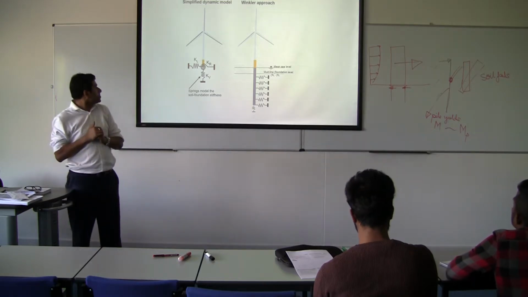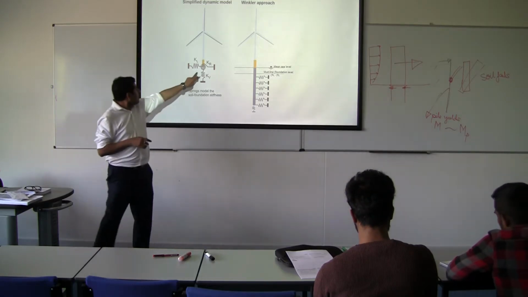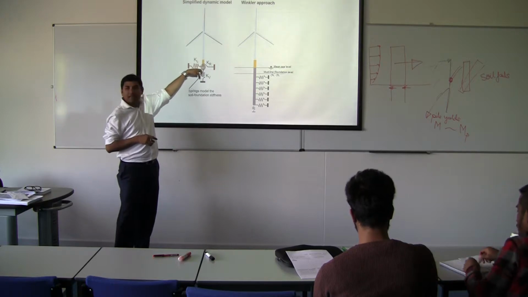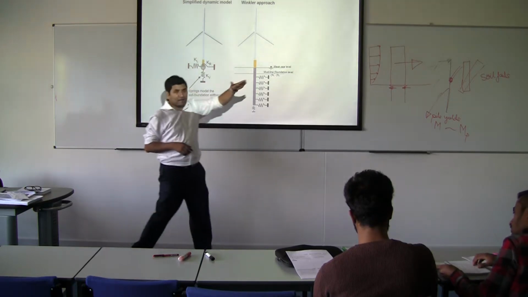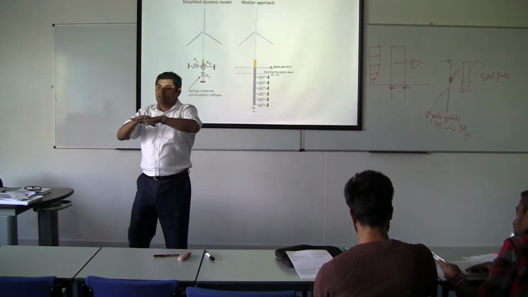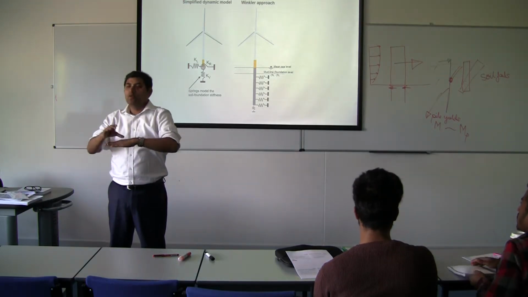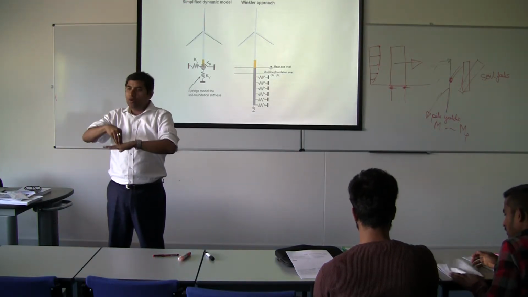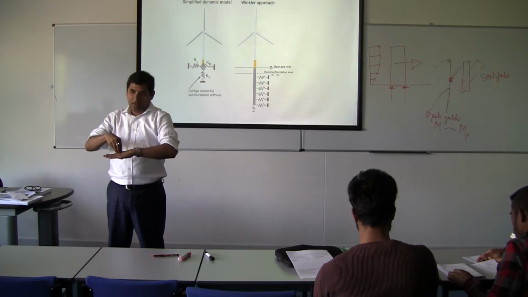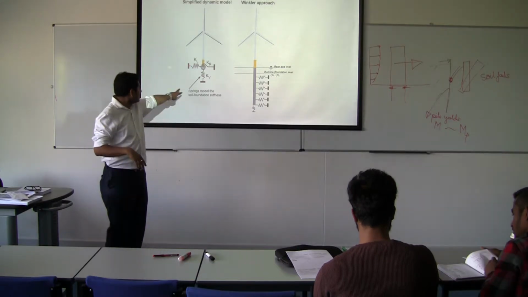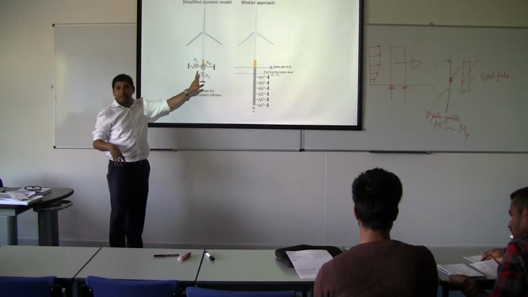What does it mean? That means, what is the vertical spring? If you have a pile in the ground, I must know what is the spring constant, like Hooke's spring, right? So what load, what is the displacement? That is the vertical.